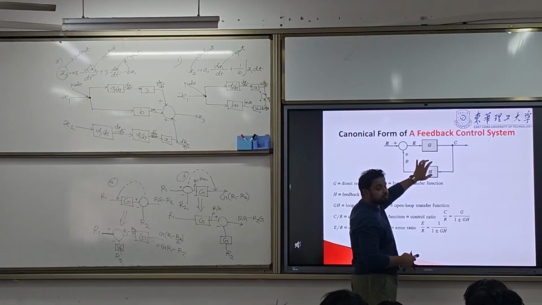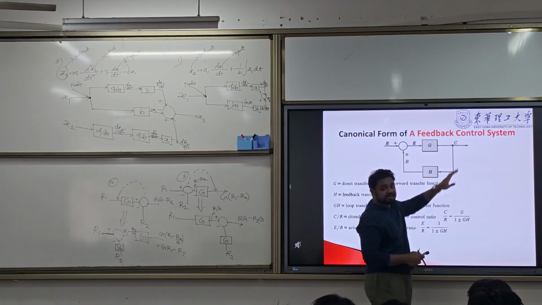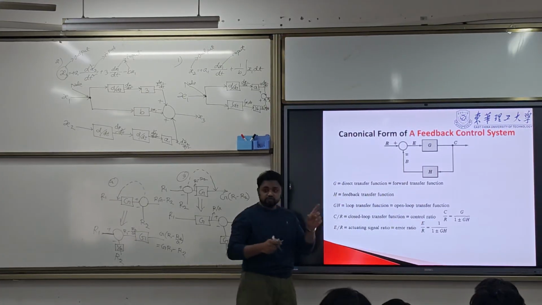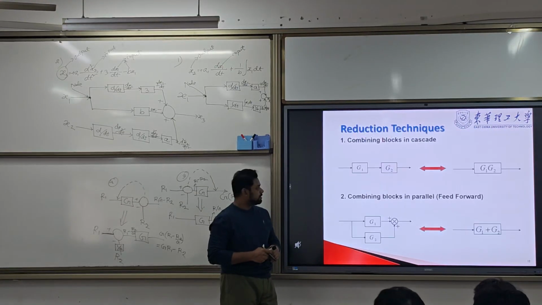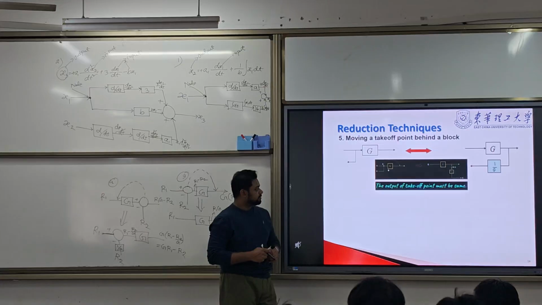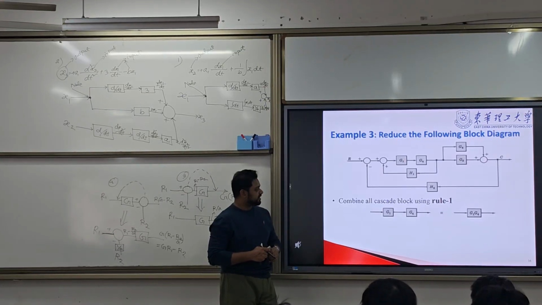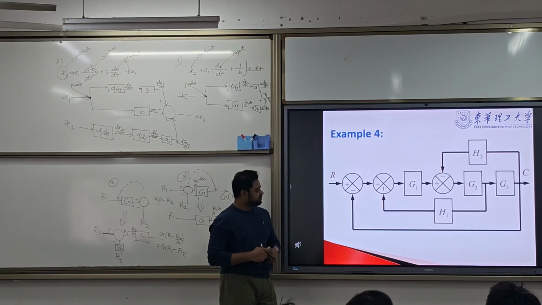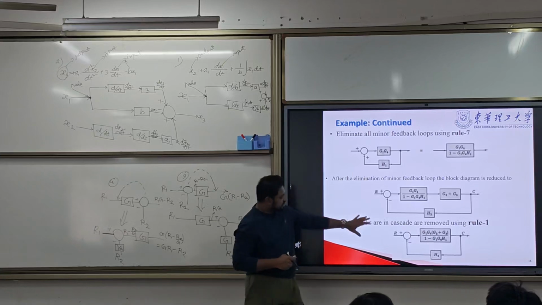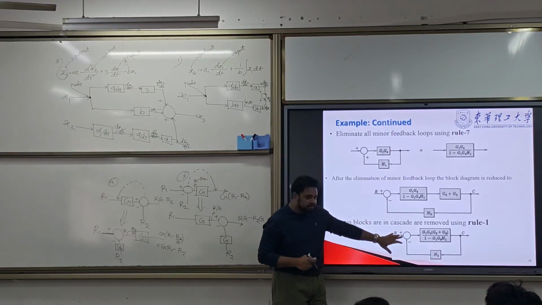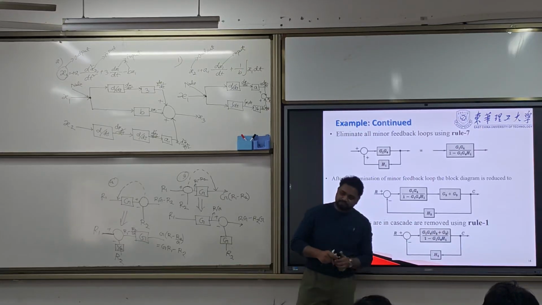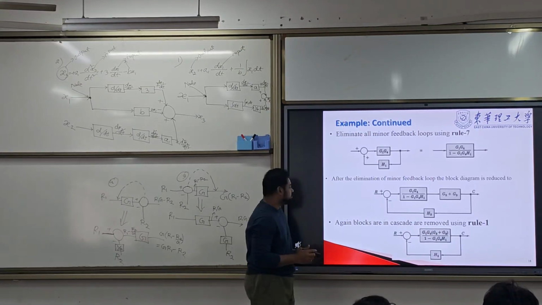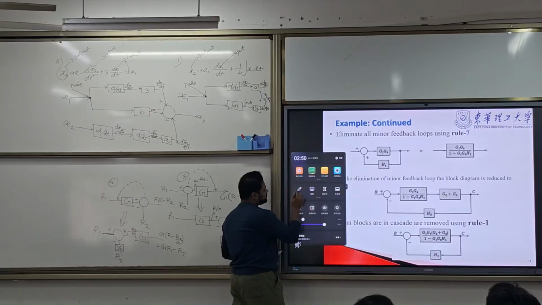We have a summing point, open loop and feedback, and then we have C. So we reduced the whole block diagram into this by using these rules. Now we have this R input, a summing point, this is G, this is H, and we have C. Now what's the closed loop transfer function?